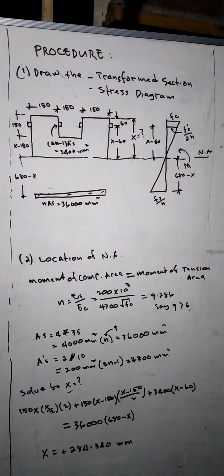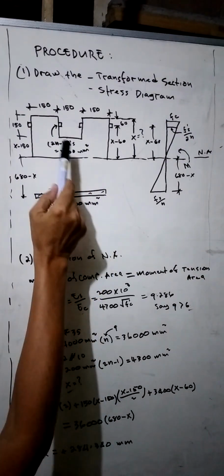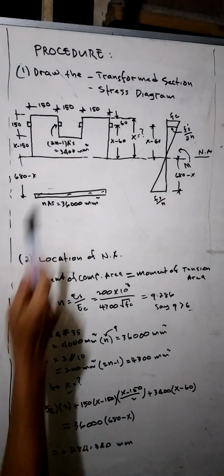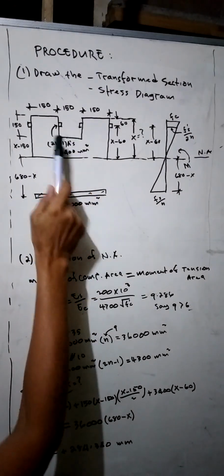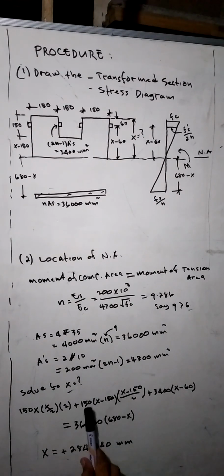Then again, plus the area of this rectangular, 150, the base, times the height.